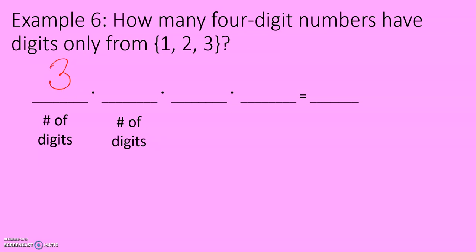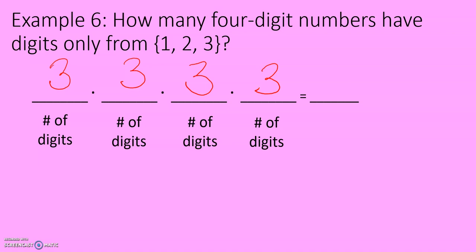Number of digits in the hundreds place, it could be 1, 2, or 3. Number of digits possible for the tens place, either 1, 2, or 3. And the number of digits in the ones column, 1, 2, or 3. 3 times 3 times 3 times 3 equals 81.